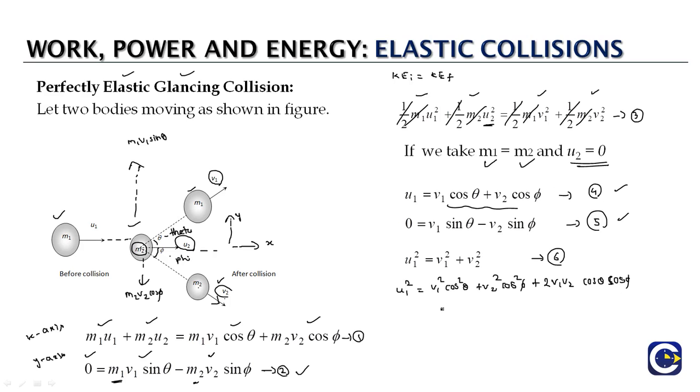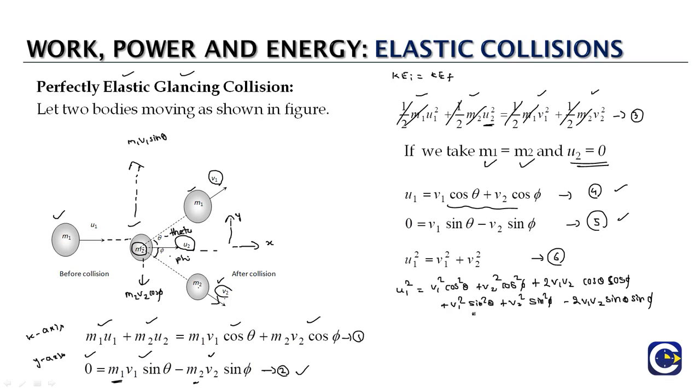Squaring equation 5, the LHS 0 square is 0, and the right side is v1 square sin square theta plus v2 square sin square phi minus 2v1 v2 sin theta sin phi.